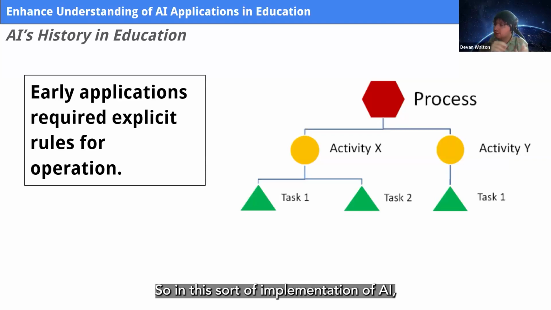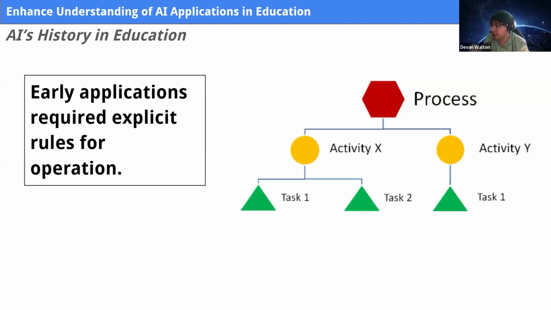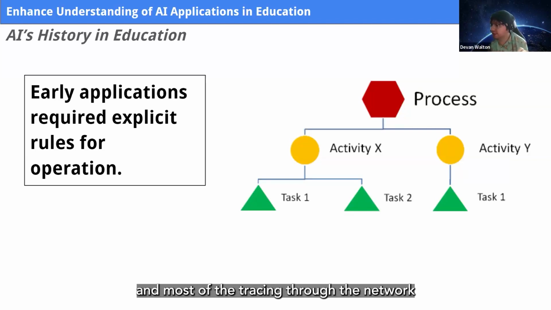So in this sort of implementation of AI, most of the content and most of the branching and most of the tracing through the network was orchestrated by a human ahead of time and would run autonomously once the student would engage with the material.